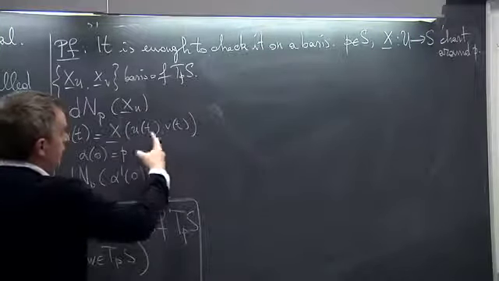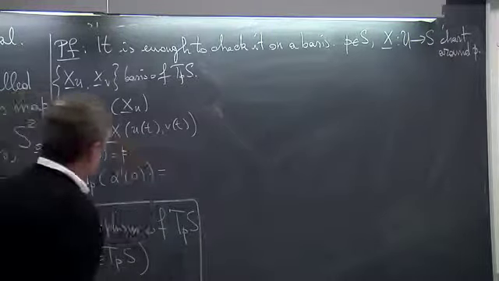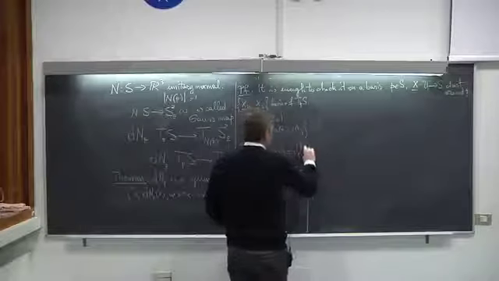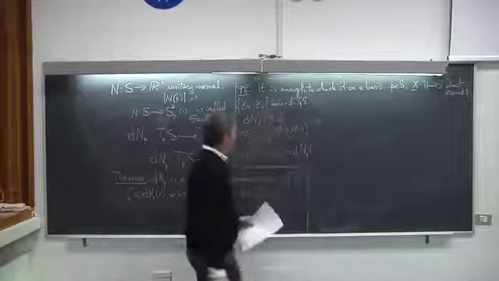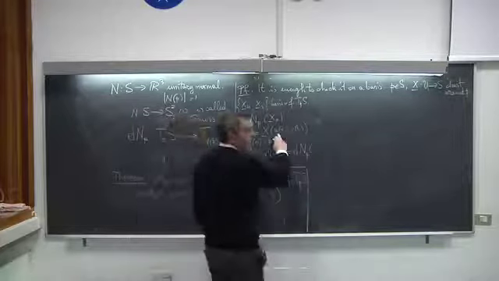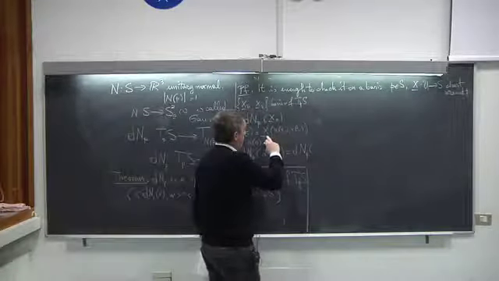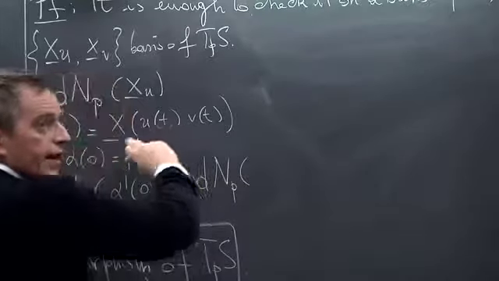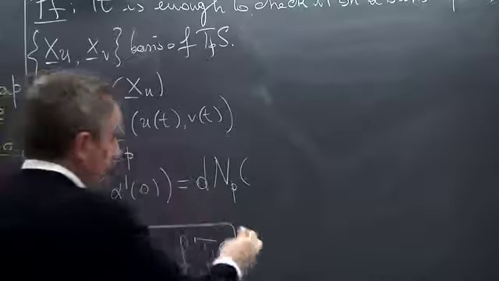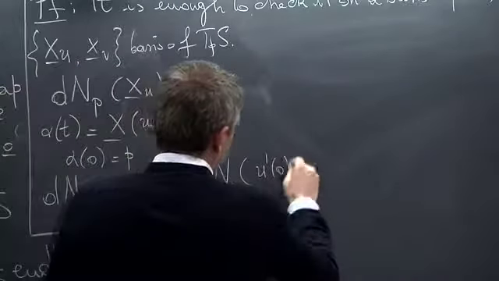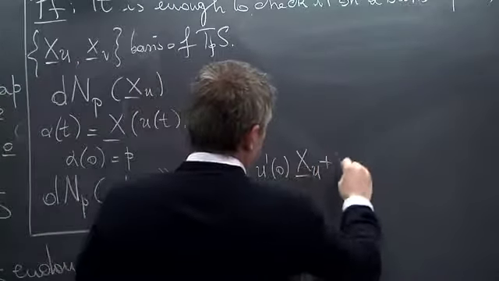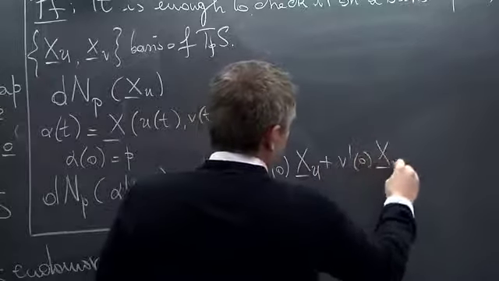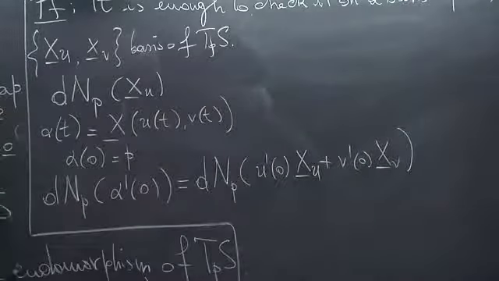It's a curve in the plane composed with x. So this is dNP of what? Of u prime, the derivative of u with respect to t times the derivative of x with respect to u. Okay, chain rule.